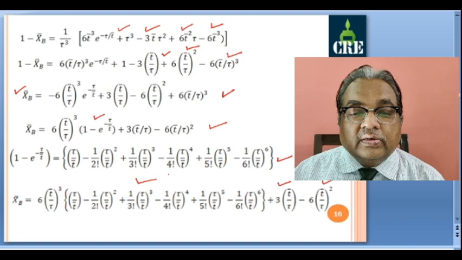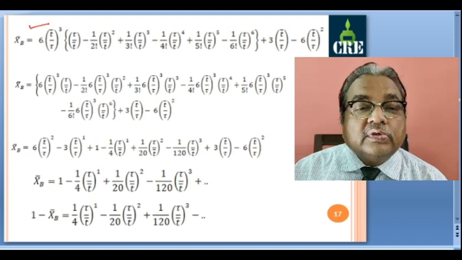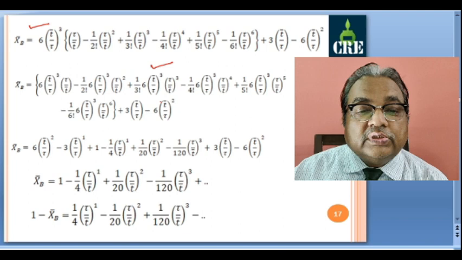We proceed further with this same equation, which I have again taken from the last page. If I solve this, first term 6 into this, so all the terms I am multiplying, I have written all the terms in the bracket, and finally plus 3 t bar by tau minus 6 t bar by tau whole square.